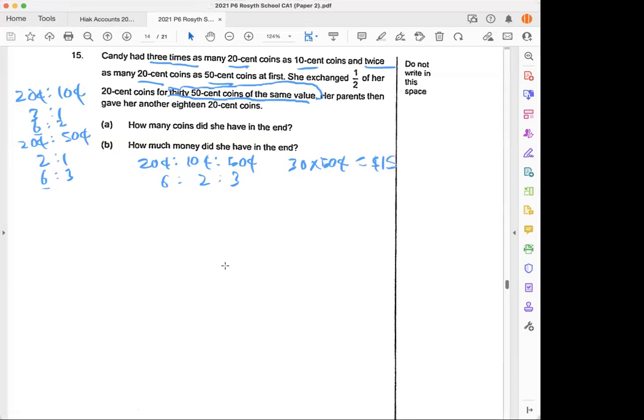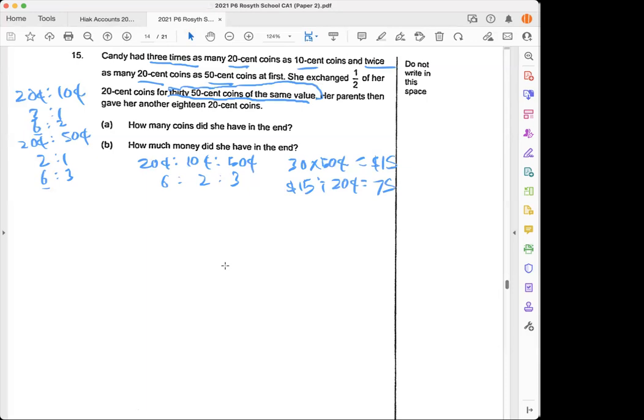So $15 is equivalent to how many 20-cent coins? 15 divided by 20 cents. Simple. So use your calculator, you go 15 divided by 0.2, right? 75. So what this means is that 75 20-cent coins have been used to exchange for 30 50-cent coins.